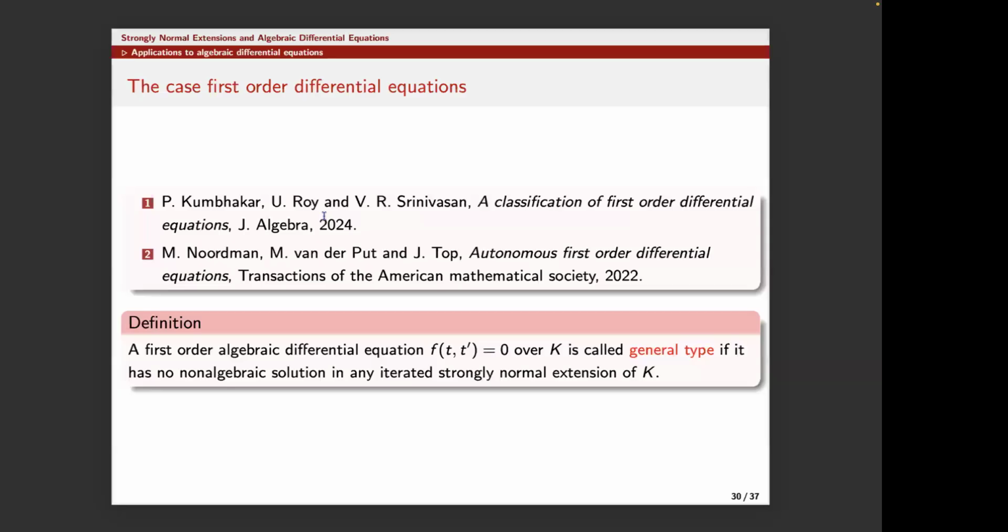In both articles, a first order differential equation f of t prime equal to 0 over K is called general type if it has no non-algebraic solution in any iterated strongly normal extension of K.